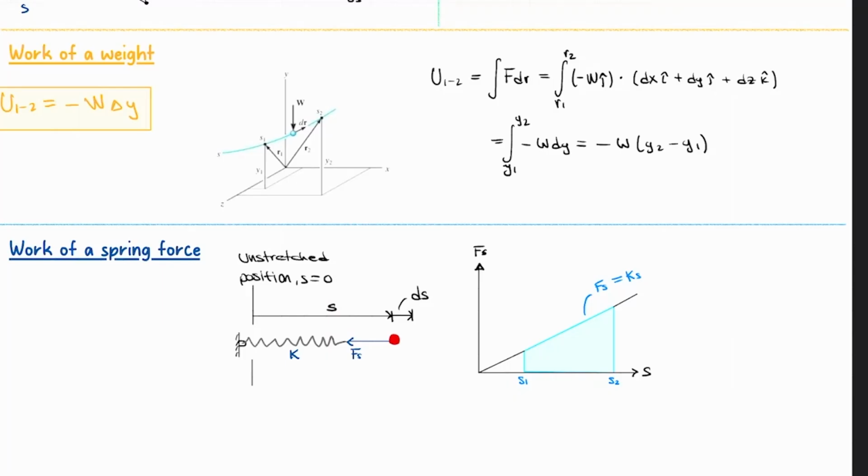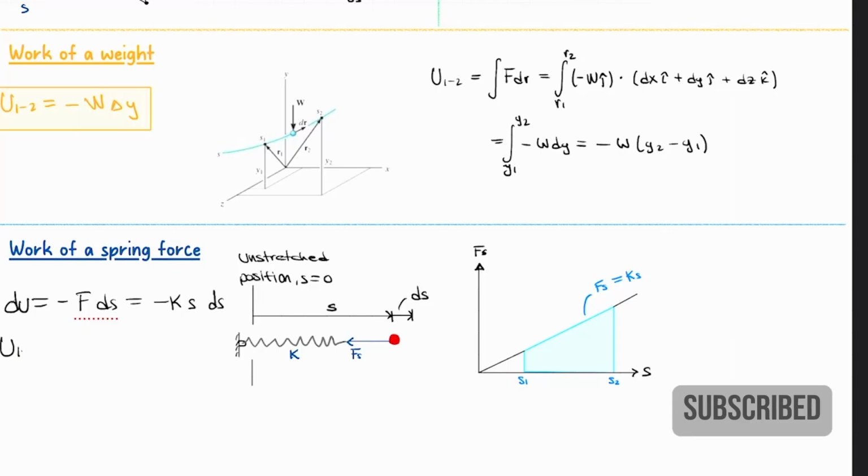The formula for work due to the spring force we can derive quickly: dU equals negative force times ds. The force, due to Hooke's law, is negative k, the spring constant, times the position s. So when you integrate, we get that U from 1 to 2, the work, equals the integral from s1 to s2 of negative k s ds.